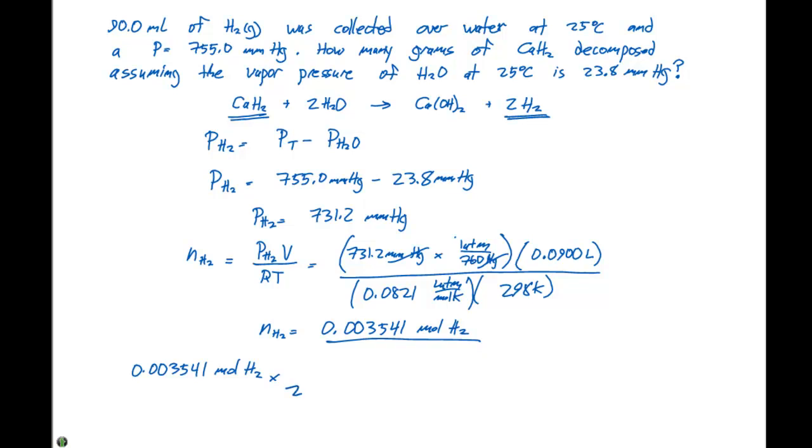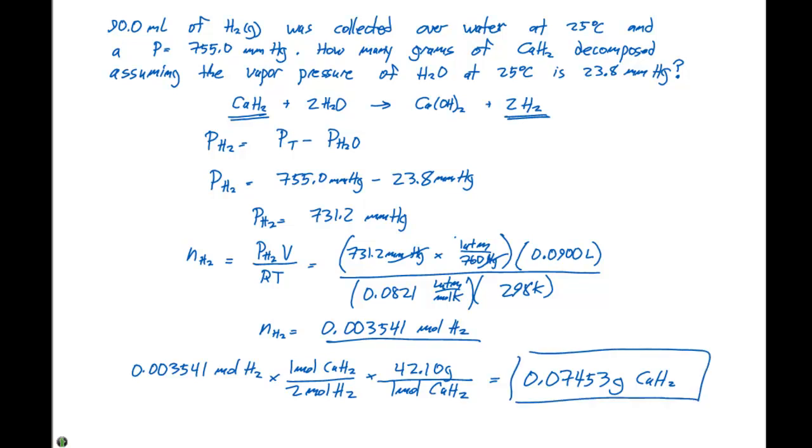From the balanced chemical equation, there are 2 moles of H2 for every 1 mole of CaH2, and for every 1 mole of CaH2, from the periodic table, we get 42.10 grams. This gives us a value of 0.07453 grams of CaH2. This will be the amount that decomposed when we obtained this particular amount of hydrogen.